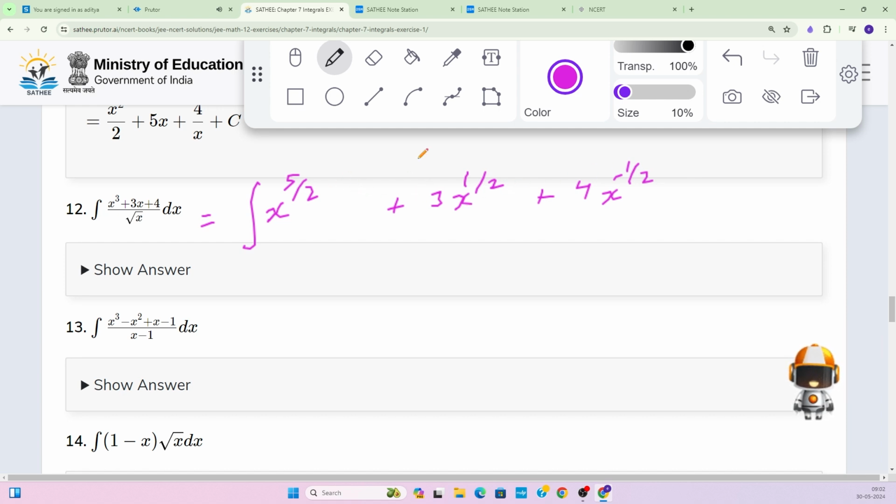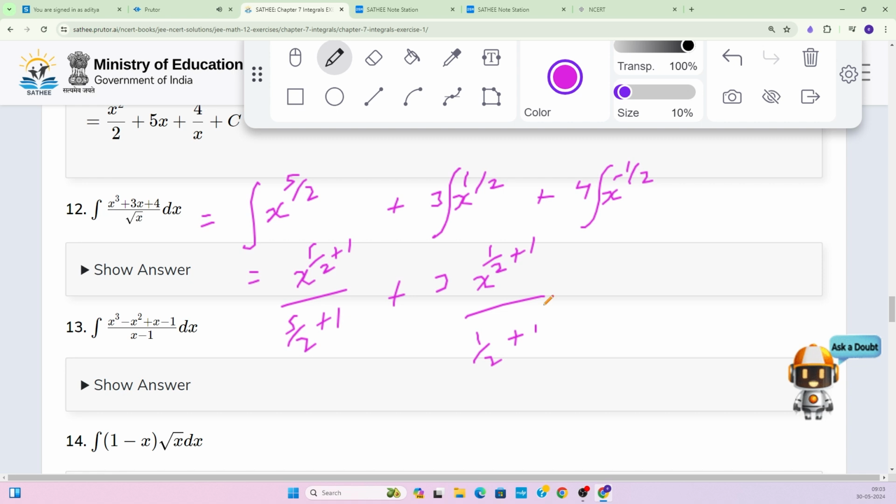Now using the results, after separating them, you will have like this. As you can see, x power 5 by 2 plus 1 divided by 5 by 2 plus 1, plus 3 x power half plus 1 divided by half plus 1, plus 4 x power minus half plus 1 divided by minus half plus 1, we are just adding plus 1.